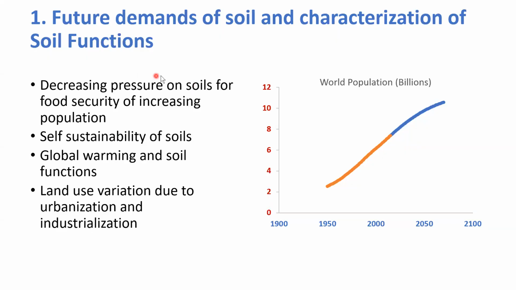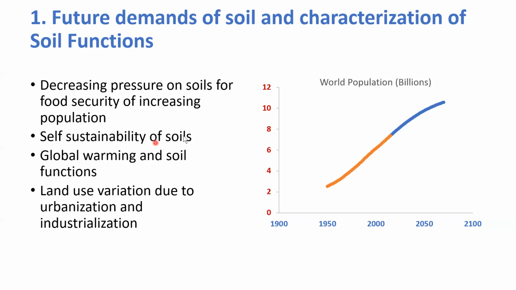The first one is the future demand. We know the population is increasing and we need food security for the increasing population, and there will be pressure on the soil. So research has to be conducted to decrease that pressure on the soil which is due to the population.